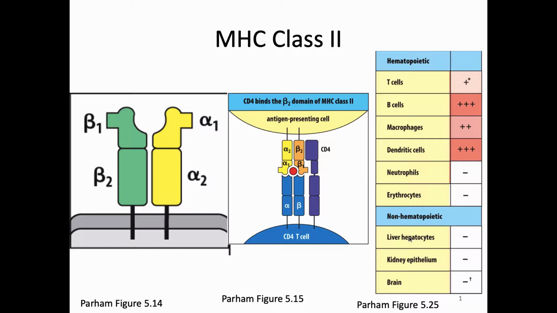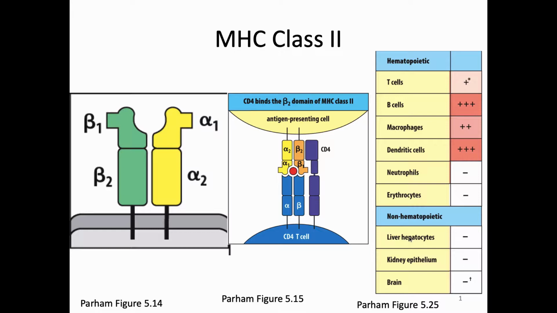For class 1, the acquisition of antigen was infection. So this cell didn't really have to do anything too fancy. For proteolysis, we had ubiquitin and the proteasome. We talked about how delivery was really the crucial step for class 1, and that delivery was done by TAP 1 and TAP 2.